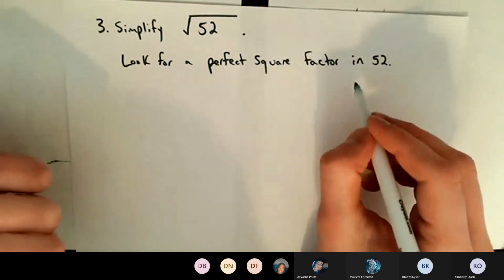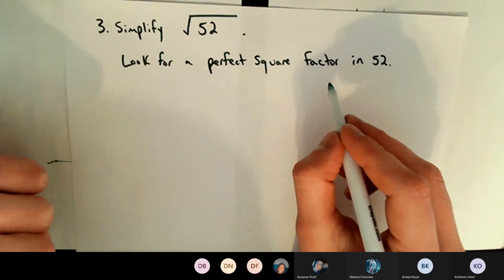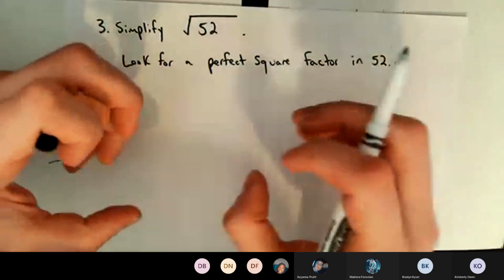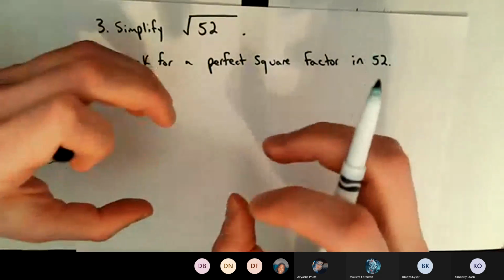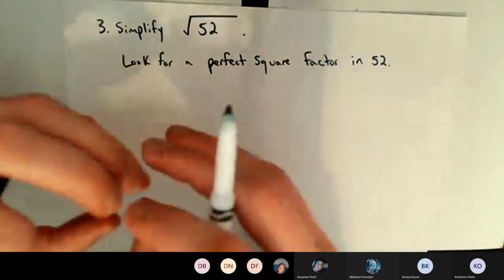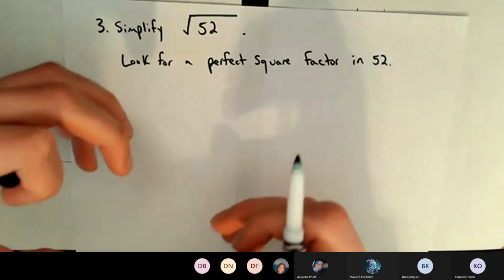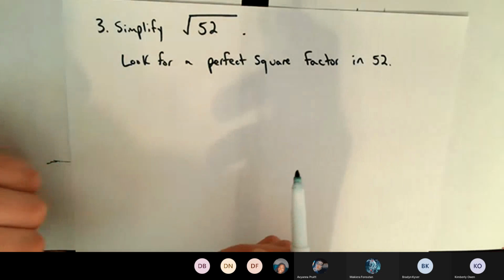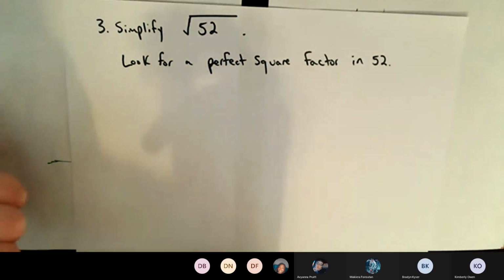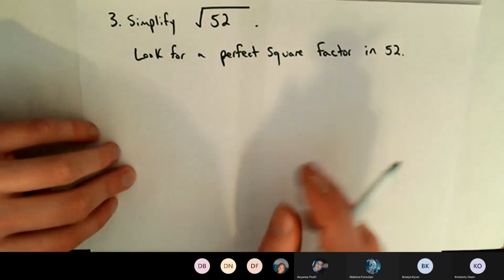We need one that's a factor. Why am I looking for a factor? Well, a factor lets me take a number and pull it apart as a product of two numbers. And if I can get this split into a product, then I can split the radical, right? Because that's what property number one tells us we can do.